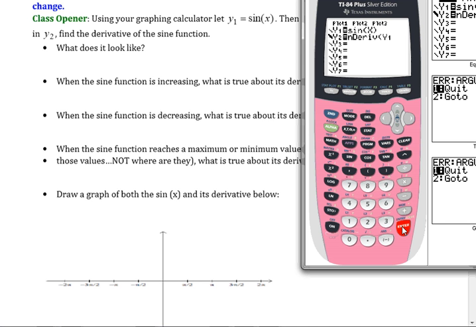And then I want to find the derivative with respect to x. I want to see if I change x, how does y change? So you have to tell it x, because when you get into upper level math, you could have a function in 2 variables. And then you go, I want to do it for every value x, not just for 1 or 2. So I'm going to do x.